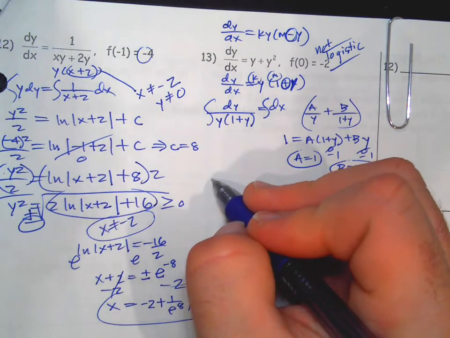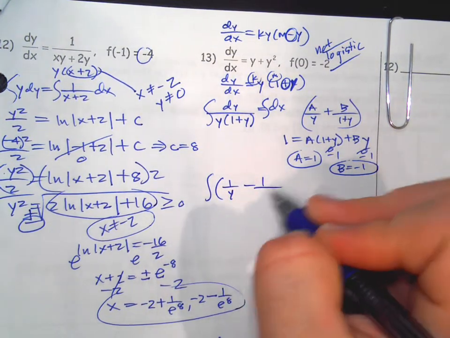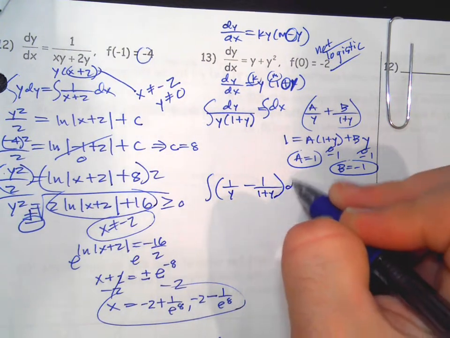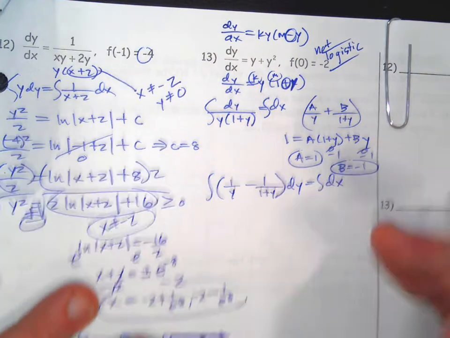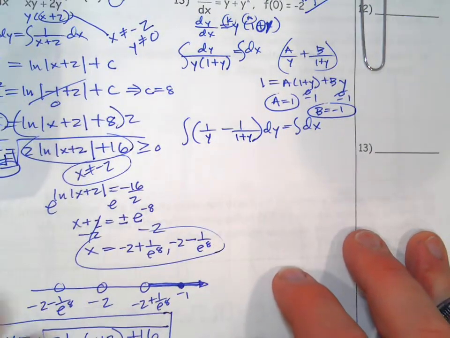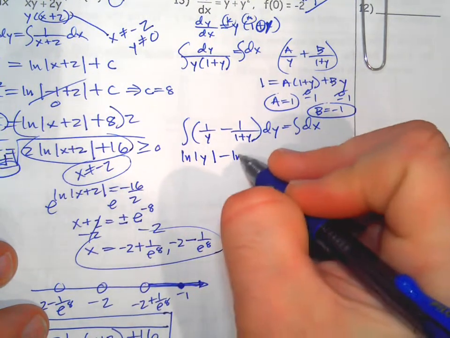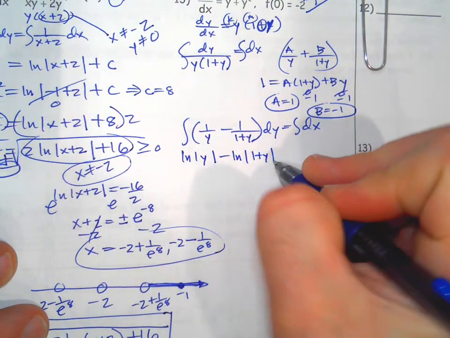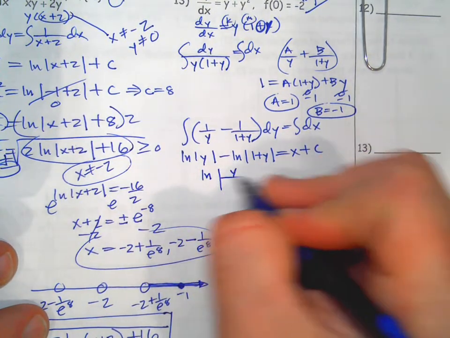Okay, rewrite it. 1 over y minus 1 over 1 plus y, dy equals dx. So let's integrate both sides. Natural log of the absolute value of y minus natural log of the absolute value of 1 plus y equals x plus C. I'm going to clean this up, combine these together.